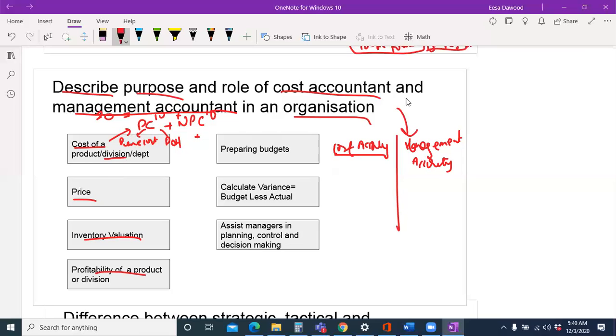Maybe you're a trainee accountant working under a cost center manager, and he gives you raw data, raw information about, for example, the company bills, the material cost, the casual labor cost. Maybe you will have to do some material work as well, some labor activity.